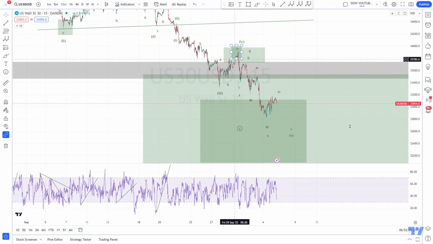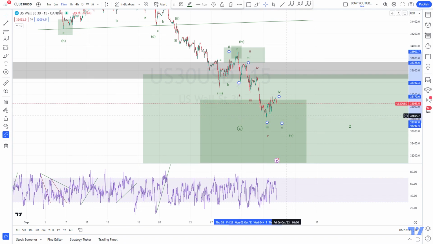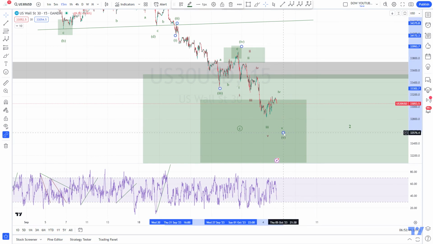It could also be, as indicated in green, that this is the 1, the 2, and that this is our wave 3 here. We are currently doing the wave 4, and we are making another low as a fifth wave. That's also a possibility.